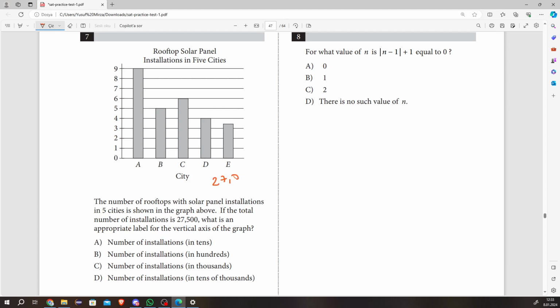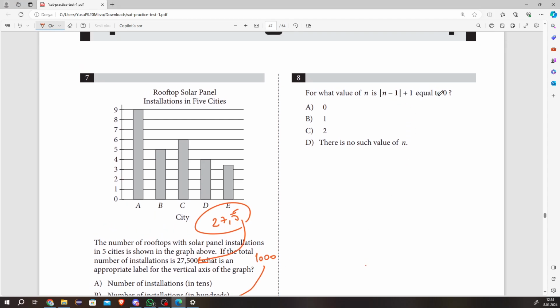Yeah, if we add them together, it's 27.5. So we should say in thousands to make the equation correct. So let's move ahead to the other question.